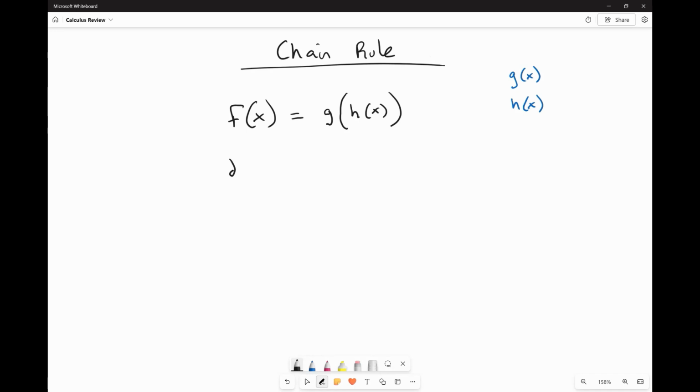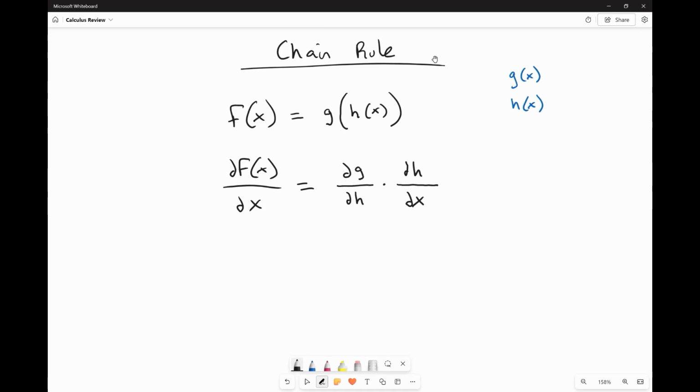The derivative of f of x using the chain rule is the derivative of g with respect to h times the derivative of h with respect to x. Now that perhaps can be a little confusing, but I think we can walk through it. I'll go through some examples and show you what I mean.